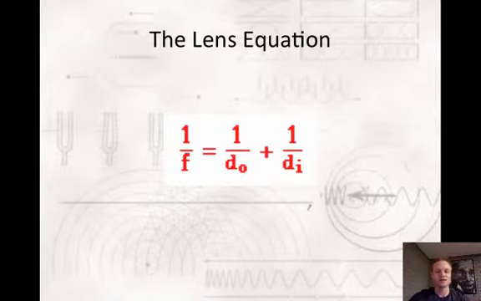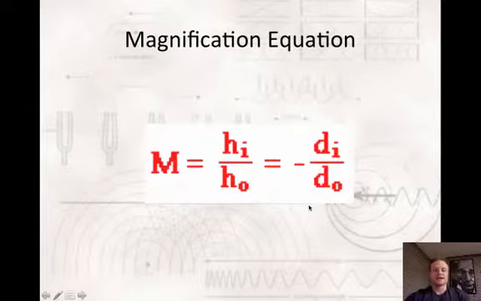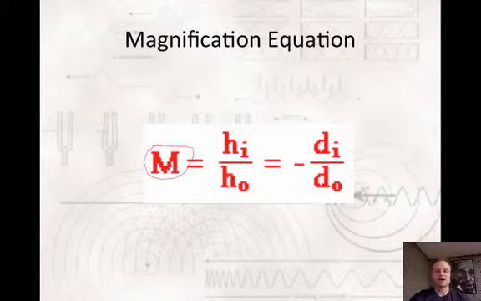That is the lens equation, and like I said, it's the same equation that we looked at in the previous chapter. The second equation is the magnification equation, and this big M stands for the magnification: how many times bigger or smaller the image will be than the object.